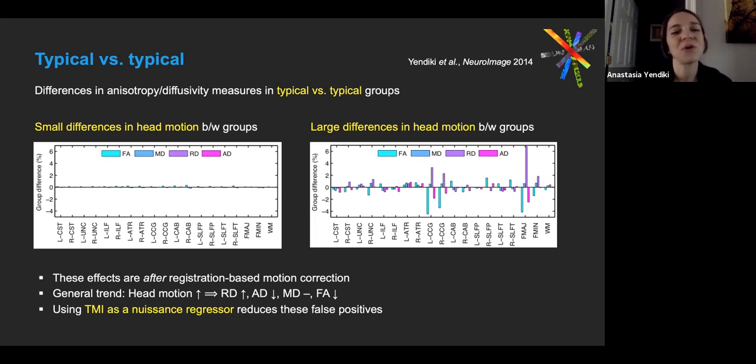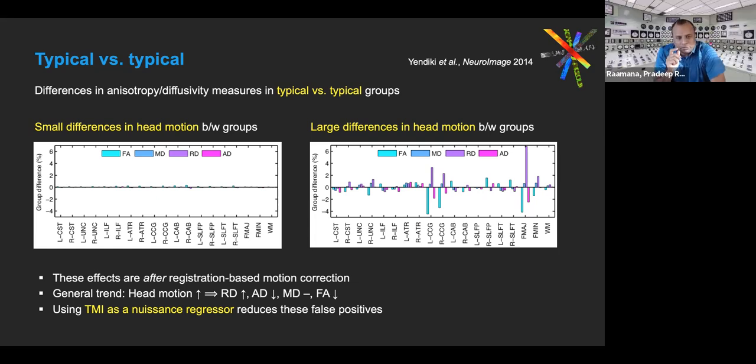We don't throw out any data by default, but the user can look at the subjects, look at the different motion measures and decide if there are subjects that are outliers, if they want to get rid of them, or sometimes this may not be possible because those might actually be the more severe cases in the disease group, for example. So in that case, it's always important to include motion in the analysis the way you would include age or sex or whatever, or IQ.